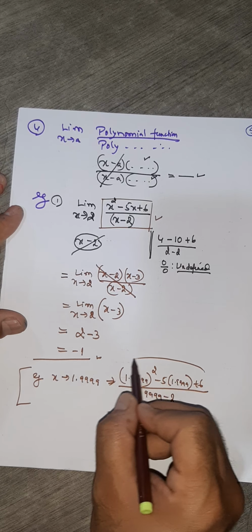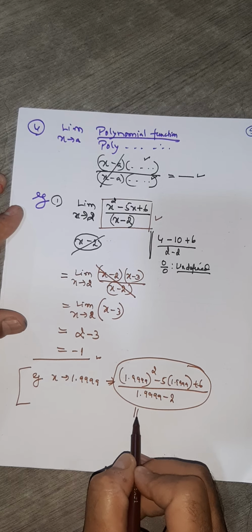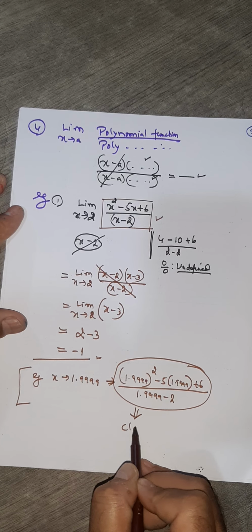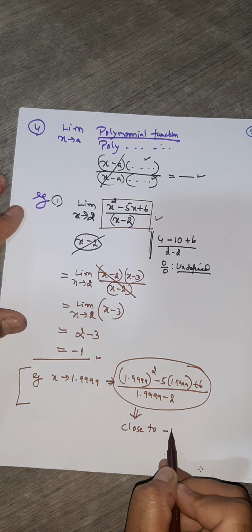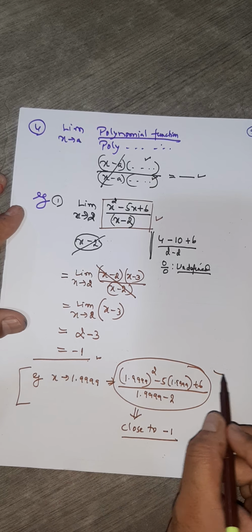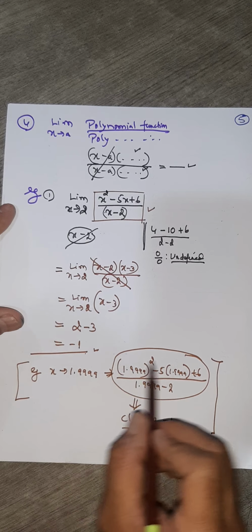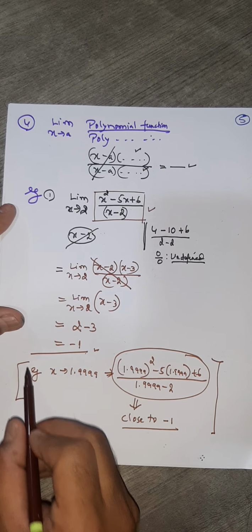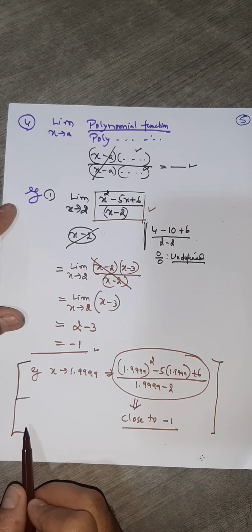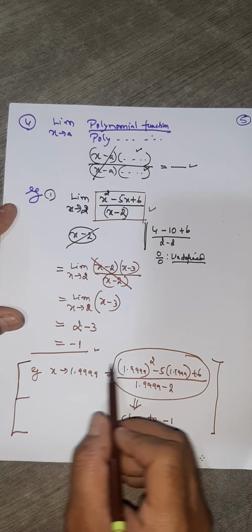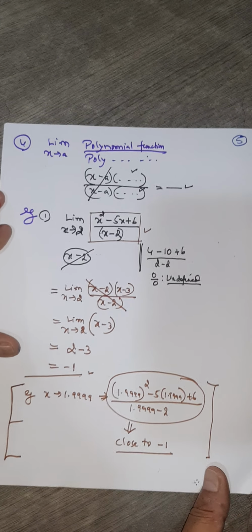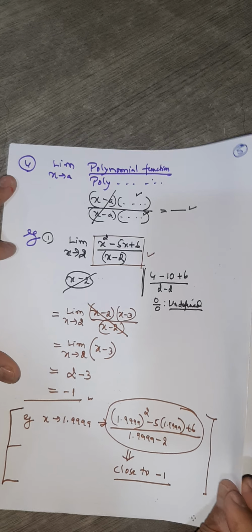You will notice that the answer will be very close to minus 1. That's why the limit is minus 1. If you want to verify; otherwise by results you need to do it. You don't have to do all this in sums. I'm just explaining the concept. Fine, so this is the fourth one.